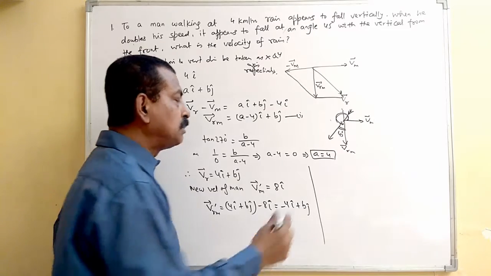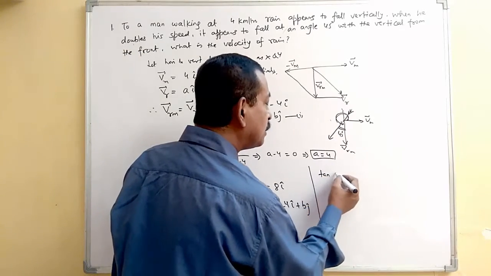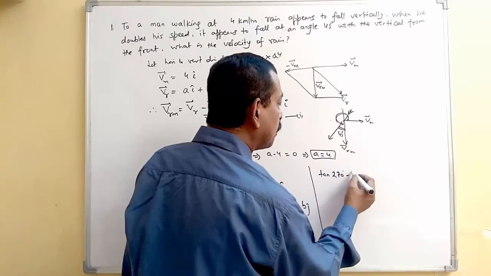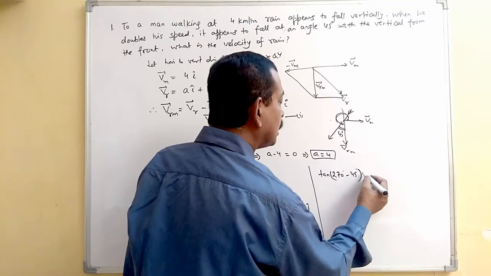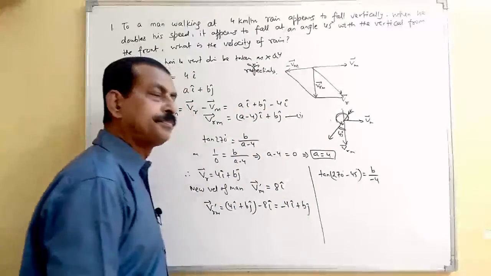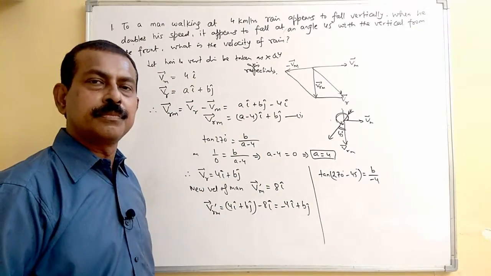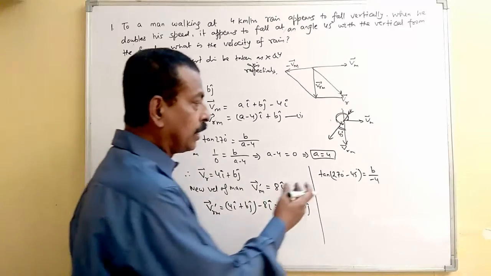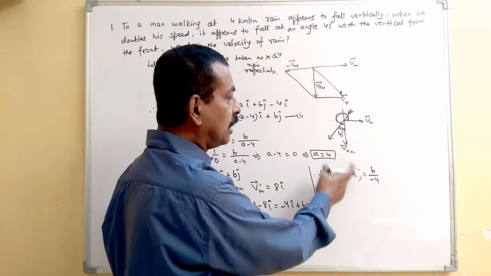So now this time it is tan of 270 minus 45, that is equal to b by minus 4. And this one, if you consider, in which quadrant is it lying?